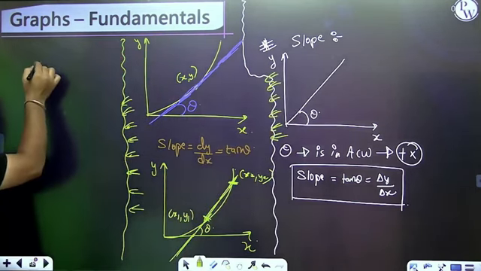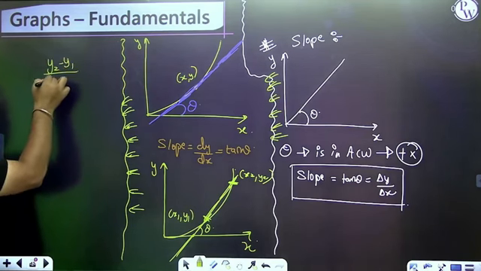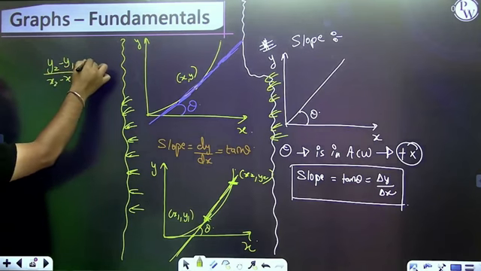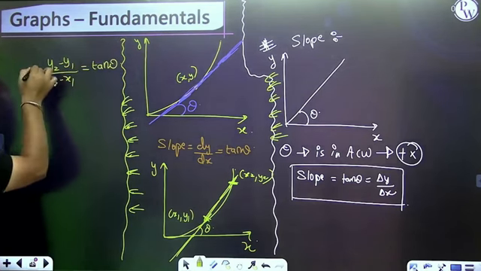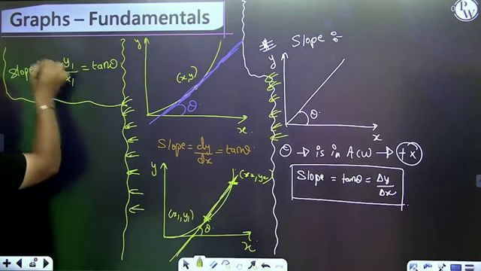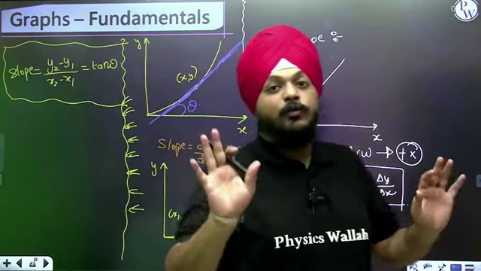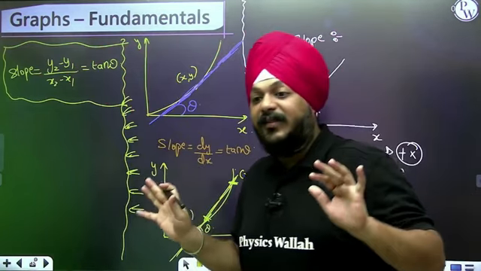So here we are going to have y2 minus y1 whole divided by x2 minus x1, which is equivalent to tan theta, and that is equal to the slope. This is how things are going to get calculated. This is how slope is defined in each and every graph.